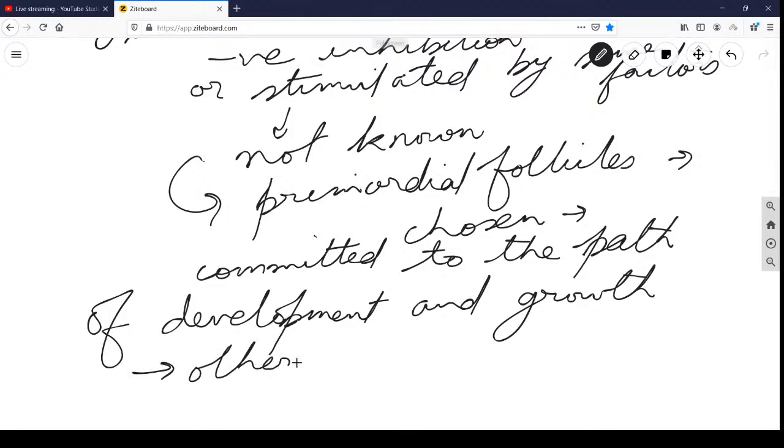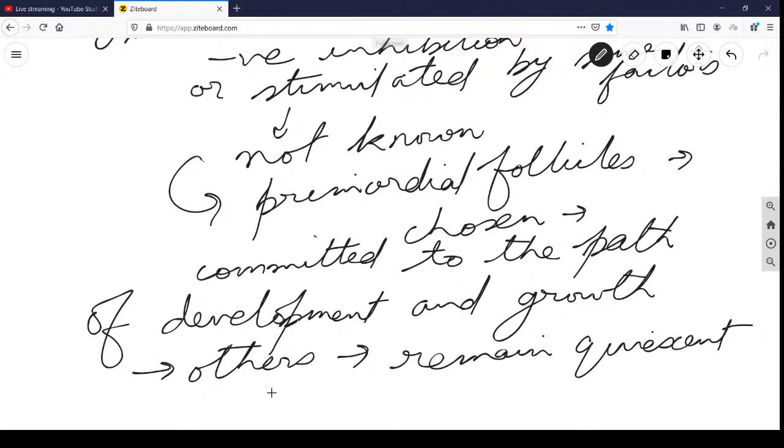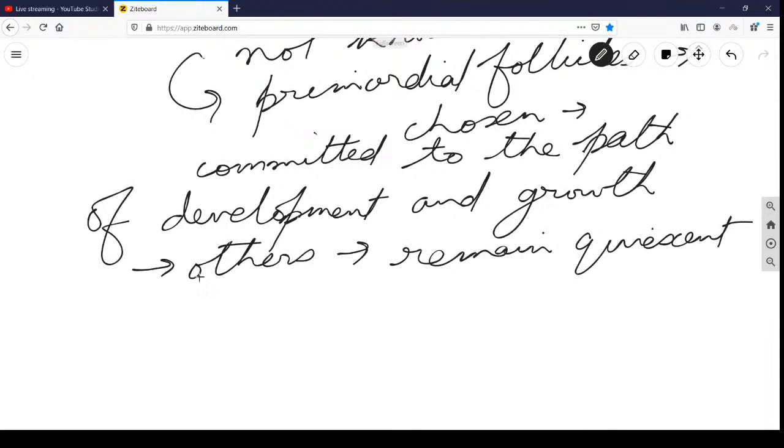Other primordial follicles will remain quiescent for future use. Okay, so this is the theory that you should be knowing regarding the conceptual understanding.